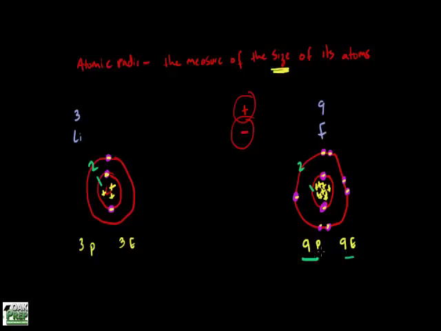So there will be a greater attraction. So I'm going to write more attraction over here. And this one, there is attraction, but when compared to fluorine, there is less, right? Because there's less amount of protons and electrons. So this one is going to have less attraction.